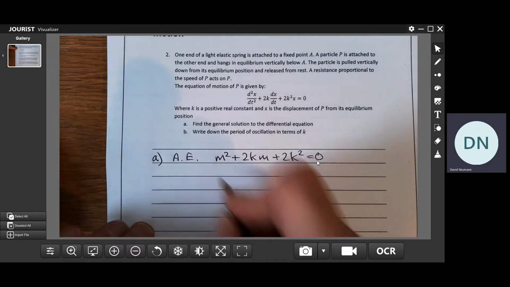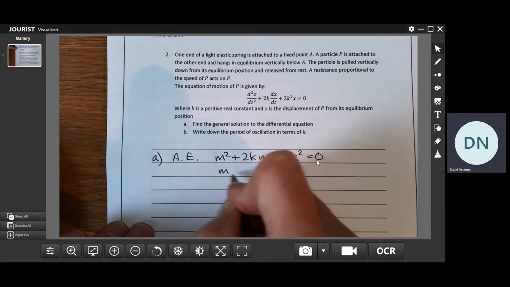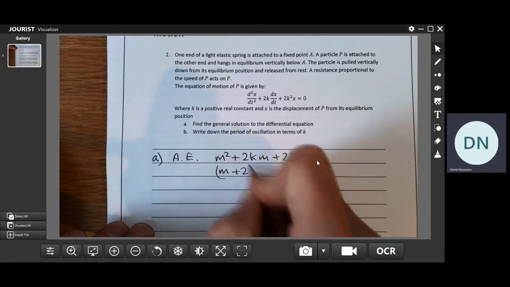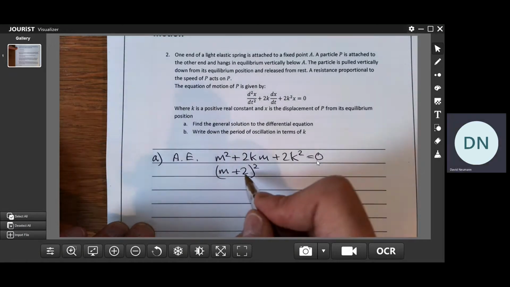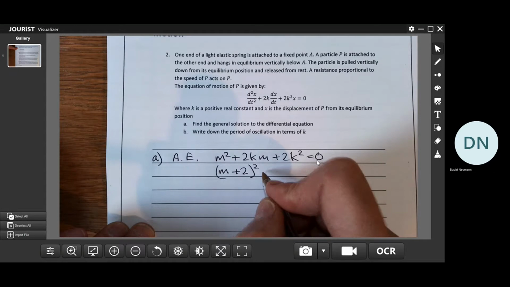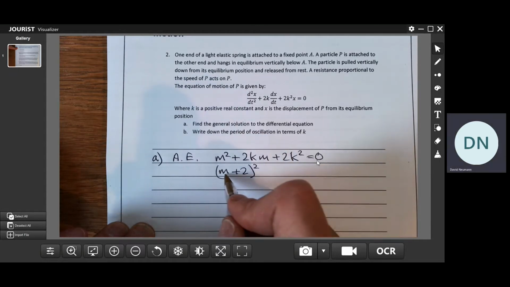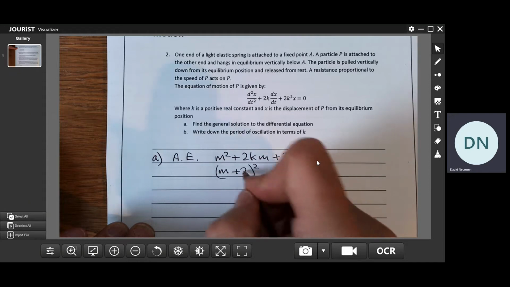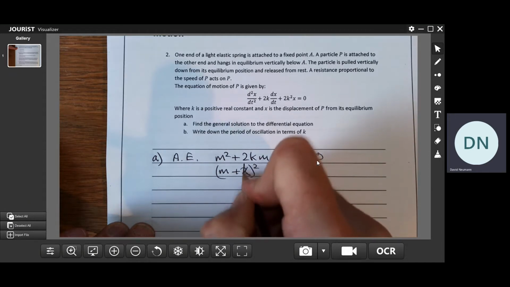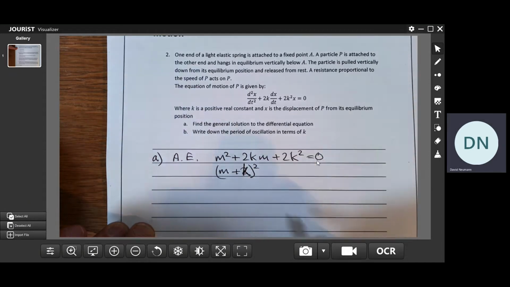We need to solve that, so let's complete the square. So that's m plus k, that should have been, I was confusing myself there.